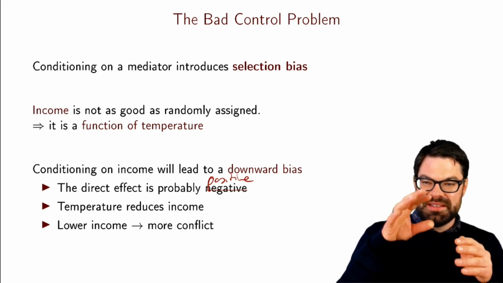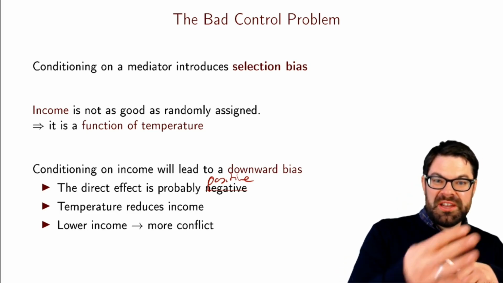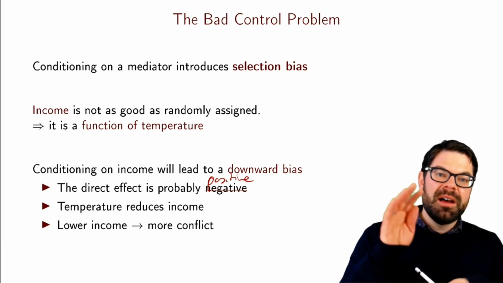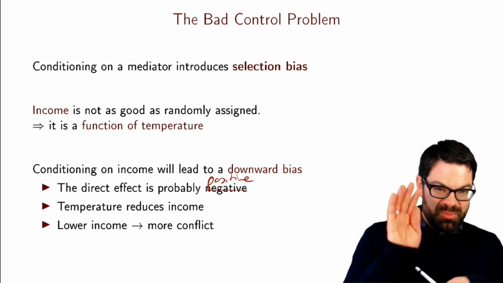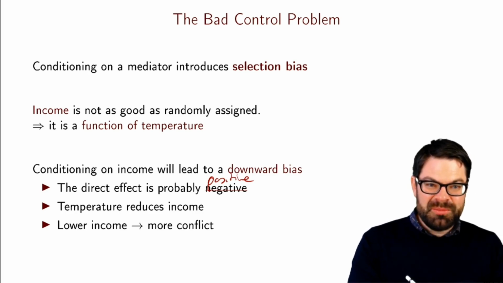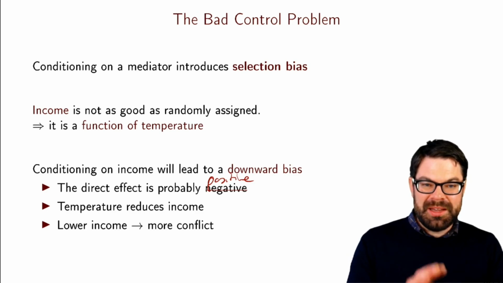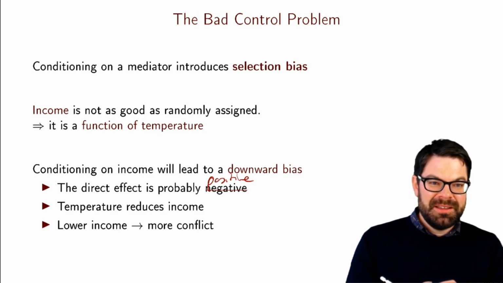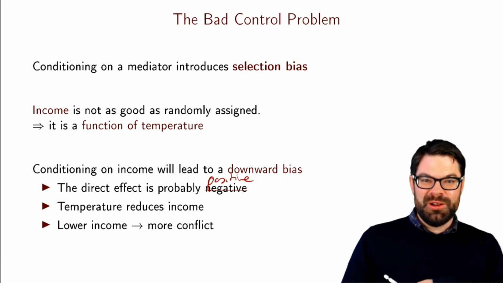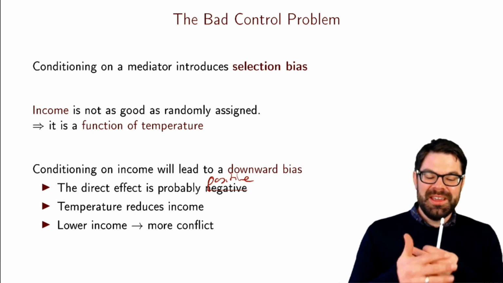So the DAG is actually useful to first of all spot and also communicate to others why there is a bad control problem. And as I said, unfortunately, this problem has been around for a long time, and too many economists ignore it altogether. And that's a huge problem, and something that, unfortunately, even the generation of economists that are watching those videos will still have to deal with in years to come.